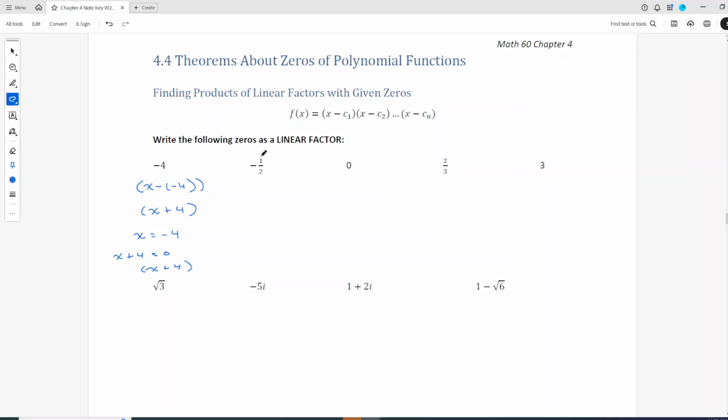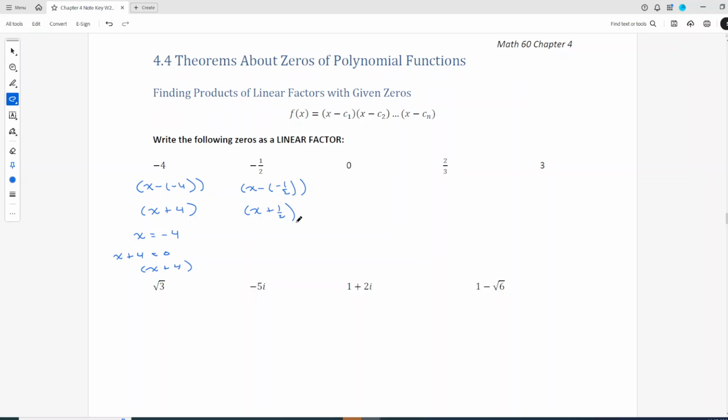So when you have a zero like -1/2, if you were to plug -1/2 in for c, you would end up with x minus -1/2, and your factor would be x plus a half. But you're going to notice that when we multiply polynomial functions together, you never end up with fractions. Now you can, but none of the ones that we do will.